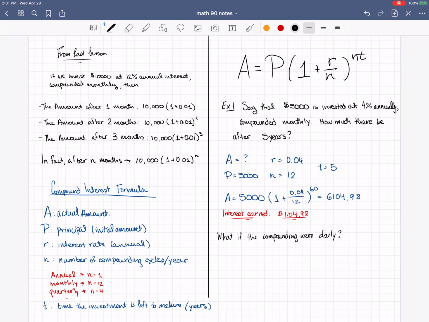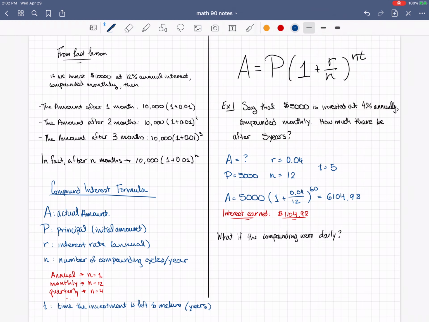So some of you might say, well, you're adding it in more frequently, but you're adding in a lot less every time. So it might be kind of a wash. That would be the right line of thinking. But let's see what we end up with.